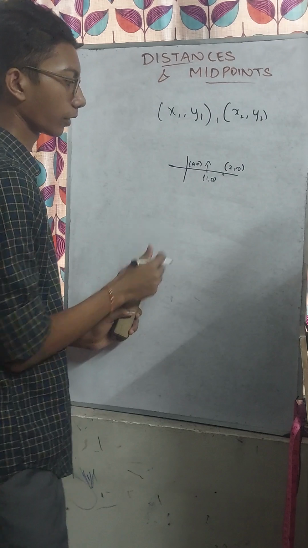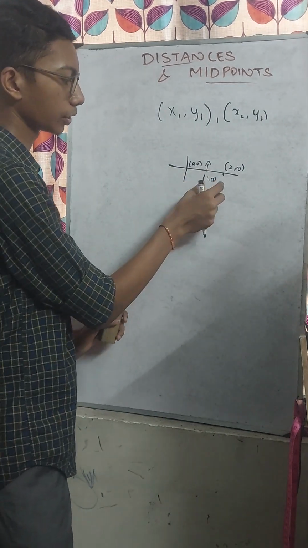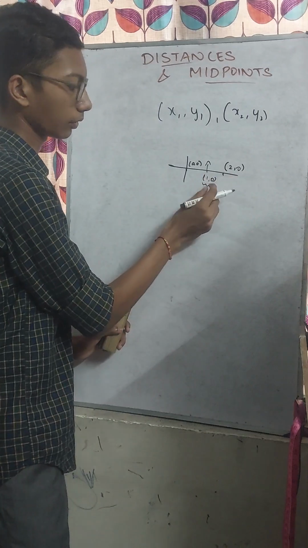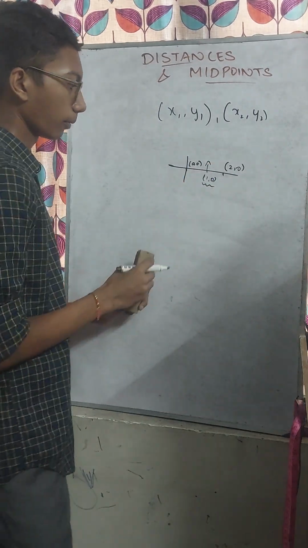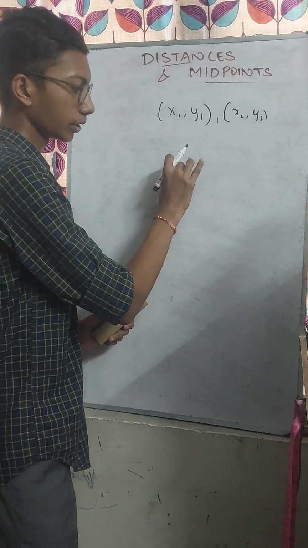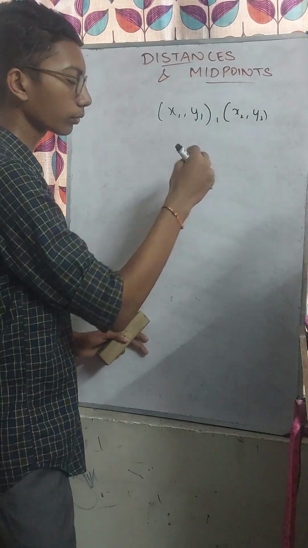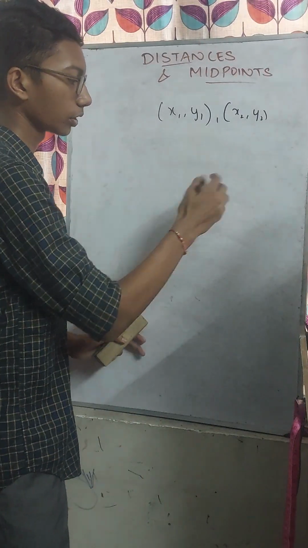This example is very easy, as we can just see and say the answer. But what if we have higher numbers, not on the x-axis or y-axis, but somewhere in the quadrants?